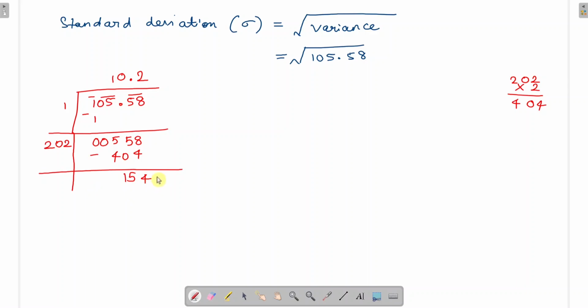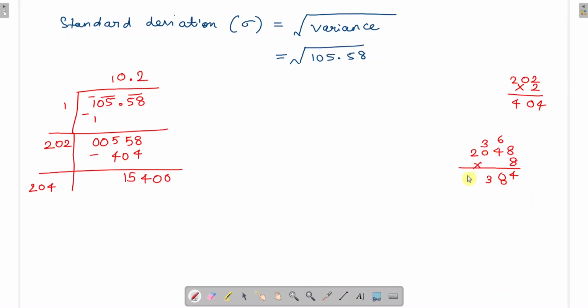Then we have to take 2 more zeros, we have to double this, 204, right. Now 204, 8 times 8, let us see, 8 times 8 is 64, 8 times 4 is 32, plus 6 is 38, right.